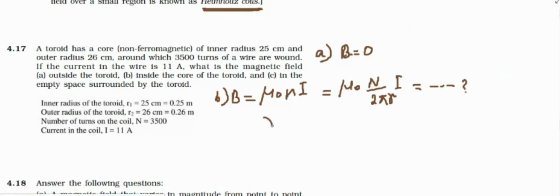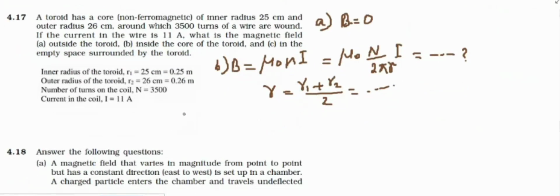Now the value of r you have to take as the average radius, outer radius plus inner radius over 2. You will get the value of r. And finally, part C, in the empty space surrounded by the toroid, again there is no magnetic field, so it is 0.